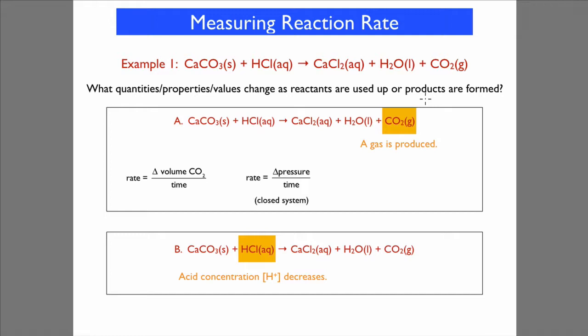We can measure the rate of pressure over time if it's a closed system, or we can measure the change in total mass of the system, and that only works if it's an open system and the gas is being lost. For B, you can see that we could also look at the HCl. Acid concentration will decrease as the reaction goes on, and so we can measure the rate of change of pH over time. And this only works if the acid isn't in excess.